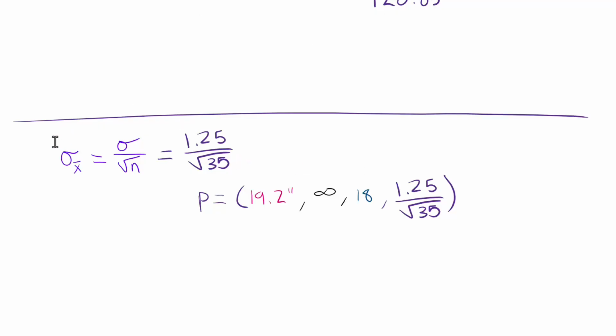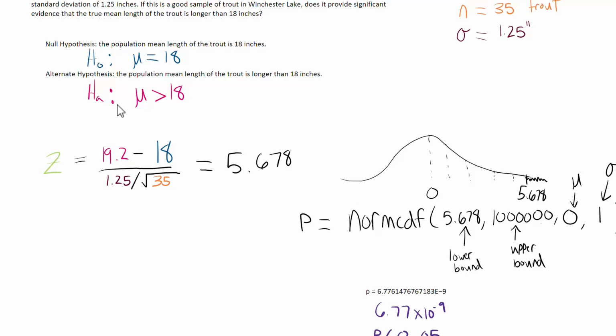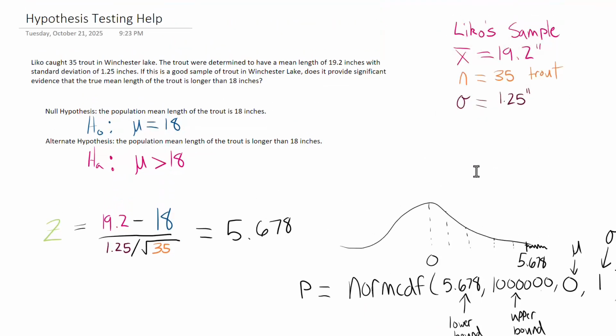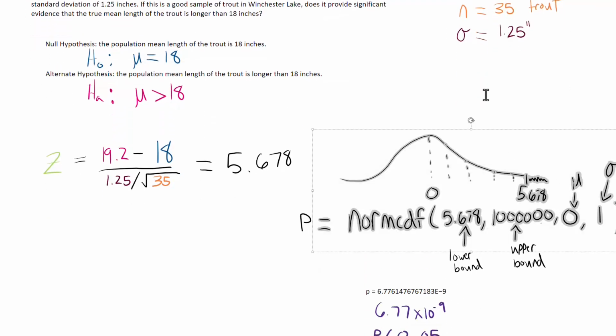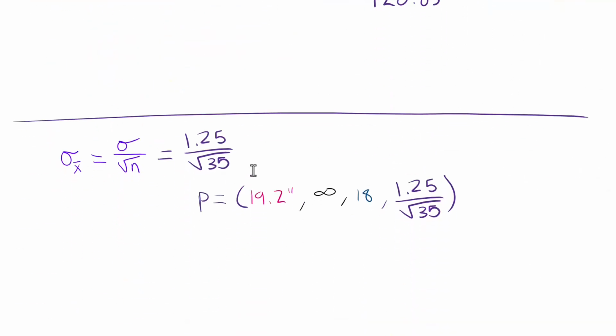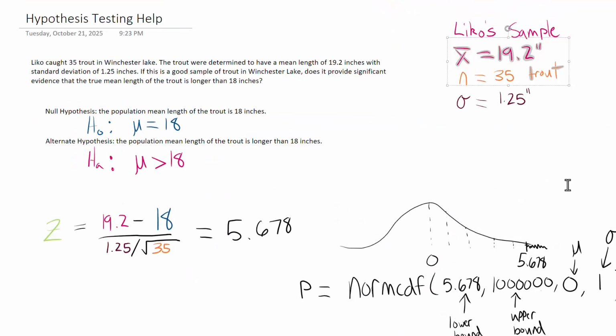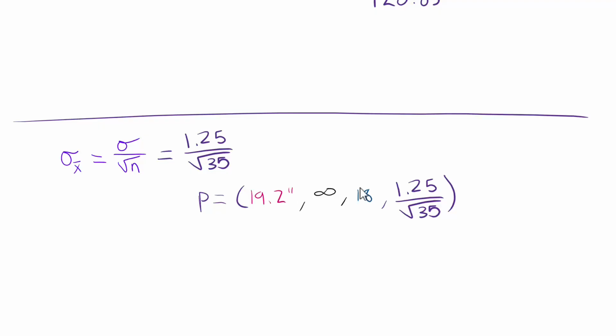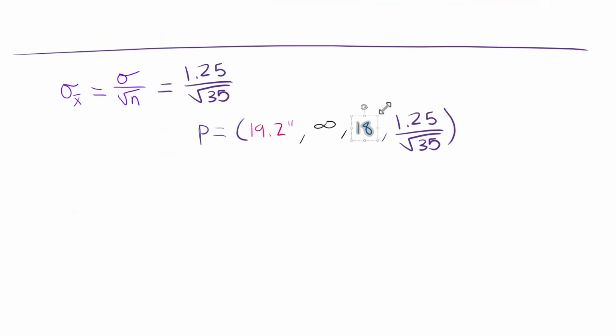One thing you can do to skip converting our sample into a normal distribution shape, we can actually use the distribution of our actual sample, 19.2 inches, to infinity as a right-tailed test. If we change the mean to the hypothesis mean, and the standard deviation to what we call the standard error, sometimes notated like this.